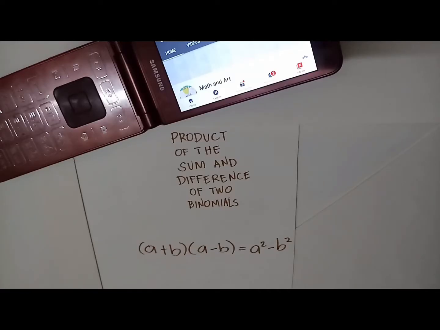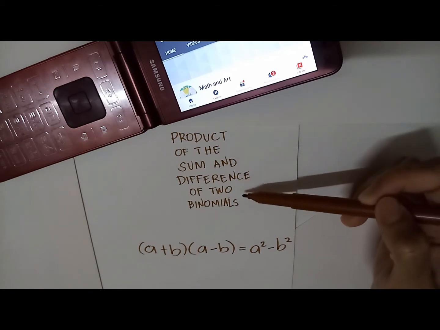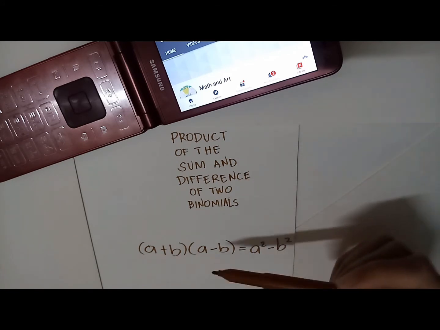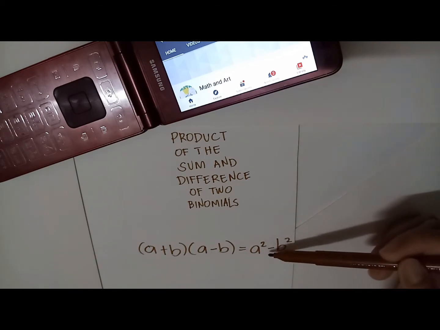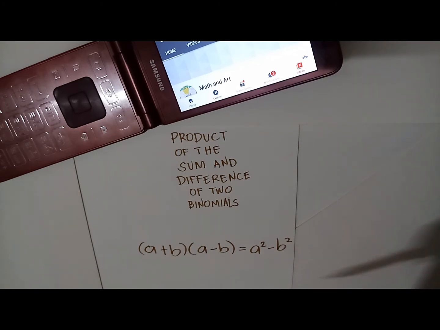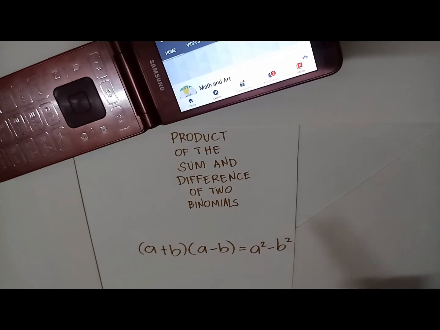Now let's take a look at the first case, which is the product of the sum and difference of two binomials. We have this formula: the quantity a plus b times the quantity a minus b is equal to a squared minus b squared. The sum and difference pattern means that you have a binomial that is added and a binomial that is subtracted.